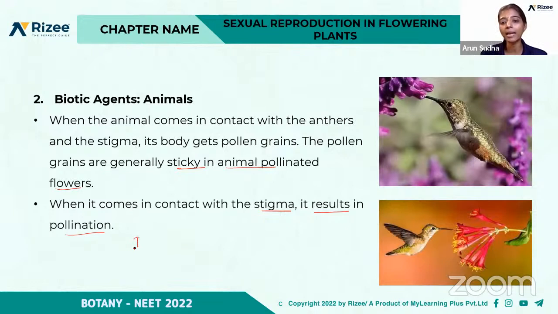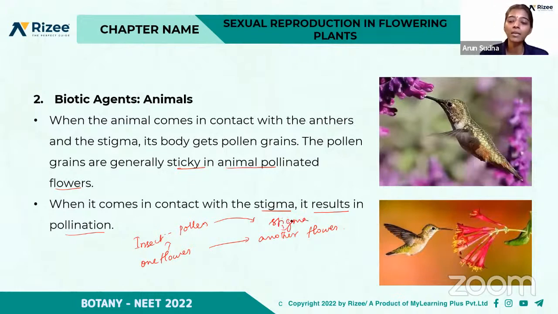If the insect lands on one flower, the pollen gets attached to the insect's body, and when it lands on another flower, this pollen is transferred to the stigma of the other flower, so that results in pollination. Okay.